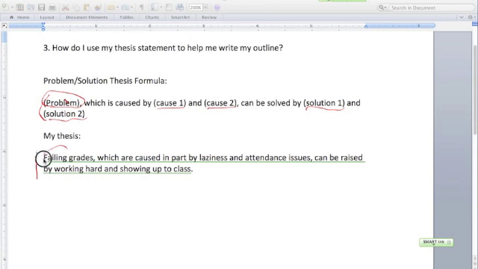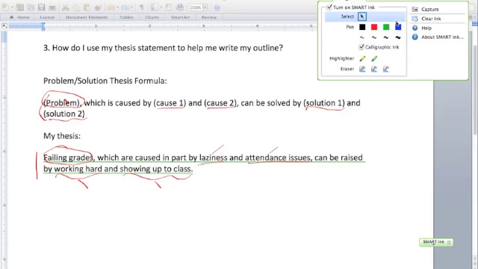Failing grades, that's the problem, which are caused in part by laziness and attendance issues, can be raised by working hard and showing up to class. You'll see here that I've got 2 causes listed, laziness and attendance issues, and 2 solutions listed. That is how your thesis should look at this point as well.